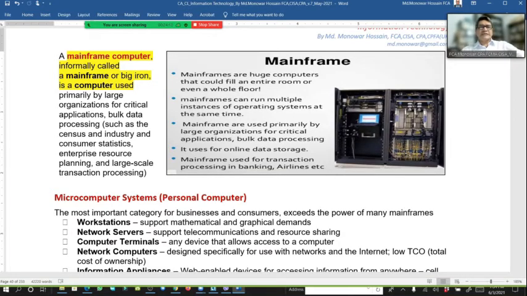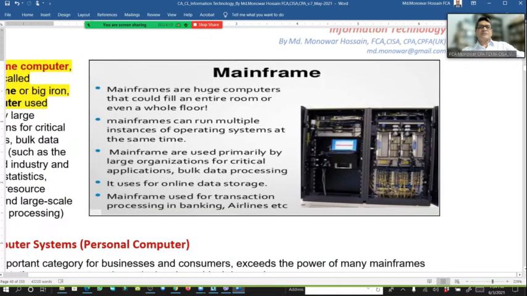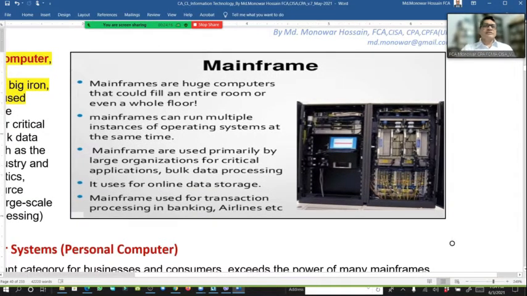A mainframe is a huge computer that could fill an entire room, even a whole floor. A mainframe computer can run multiple instances of an operating system at the same time, and is used primarily by large organizations for critical applications where big data is used, and for online data storage.